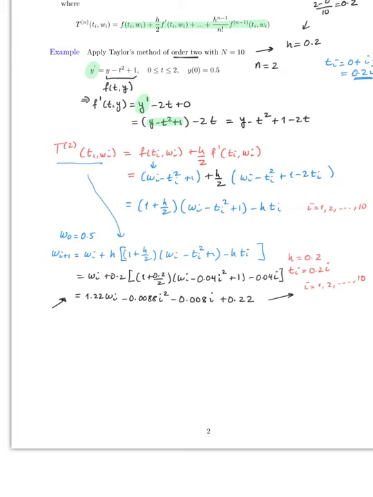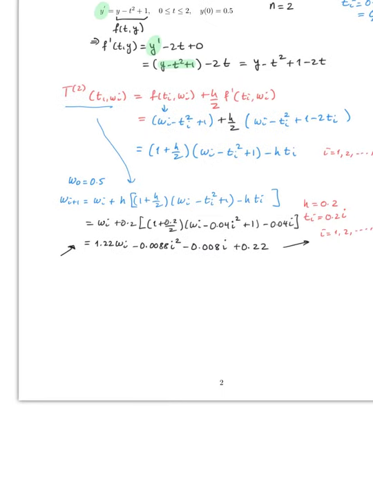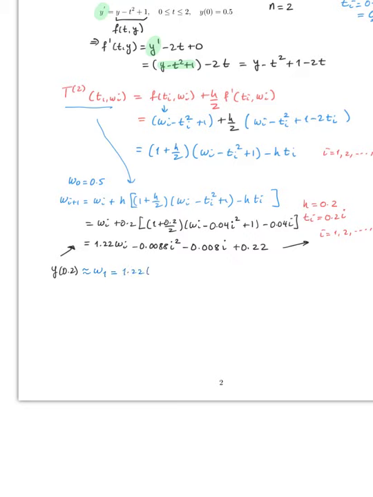For example, let's say you want to approximate the values now. So if you wanted to find y of 0.2, this is approximately equal to w1, which should be equal to 1.22 times w0, which is 0.5, minus 0.0088 times 0 squared minus 0.008 times 0 plus 0.22, and this is around 0.83.